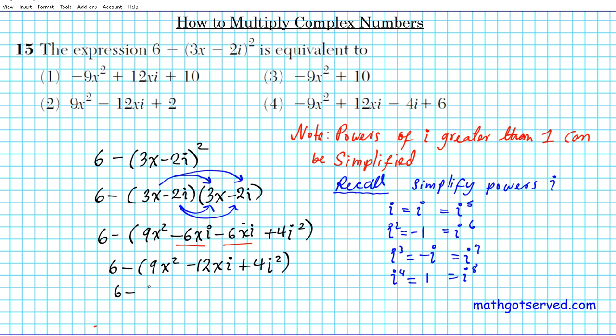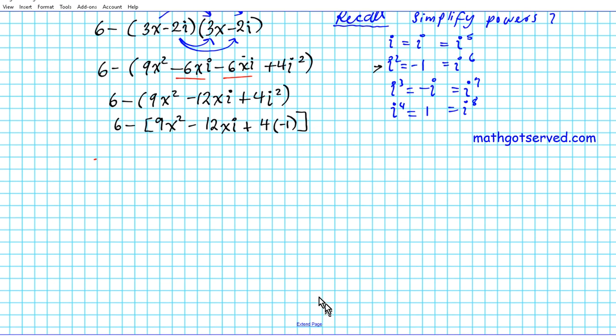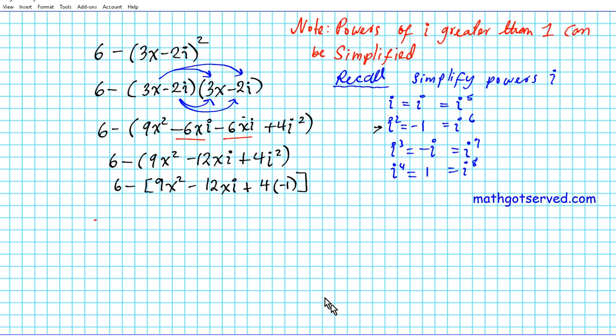So we have 6 minus 9x squared minus 12xi plus 4. What is the simplified form of i squared? Bam, negative 1. Okay, so it's negative 1. Close that. Let's go ahead and simplify a little bit more. And then we can distribute the minus and combine like terms.